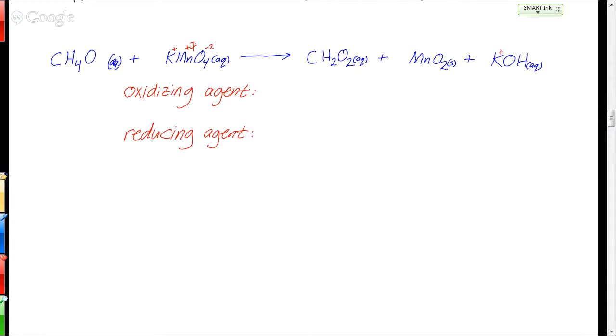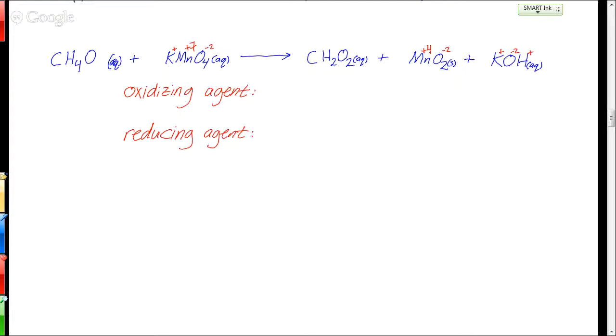We know potassium's got to be +1, hydrogen's +1, oxygen's -2. Here, oxygen is -2, so what's manganese? +4. So there's our first evidence of redox chemistry, that manganese is changing from +7 to +4.